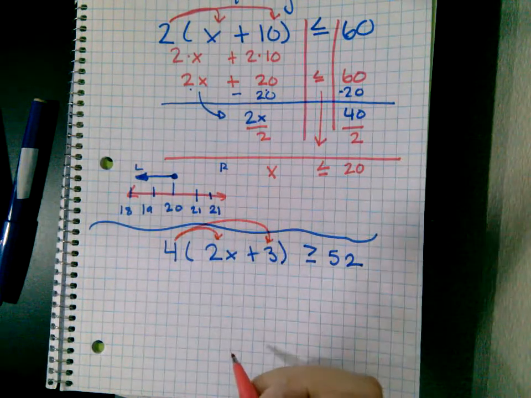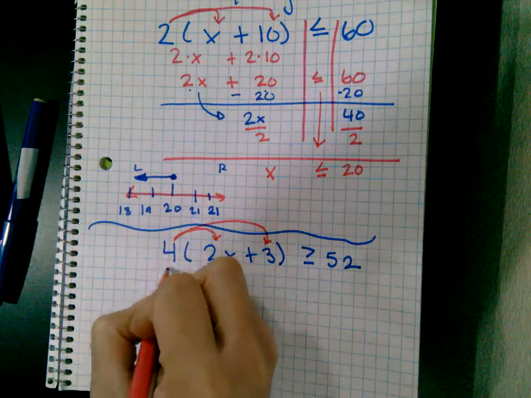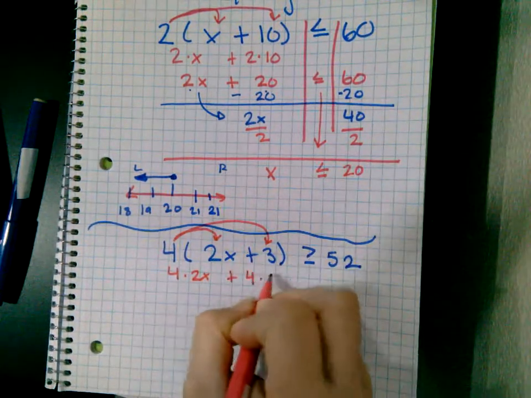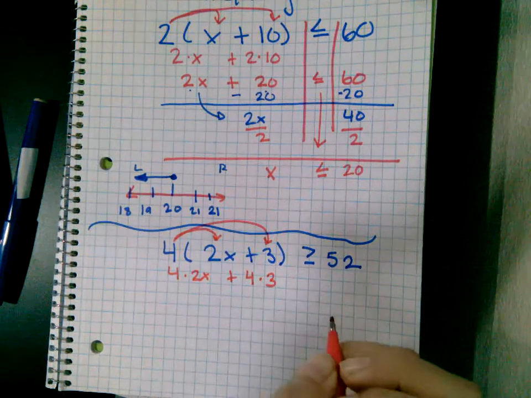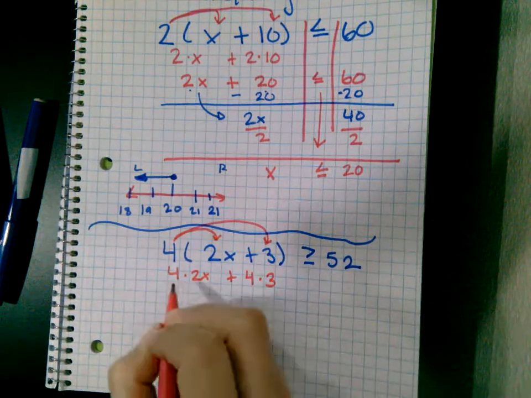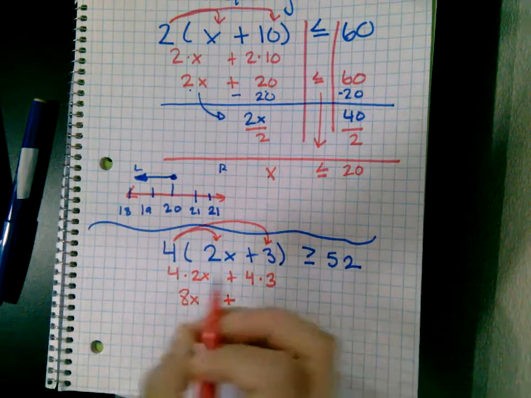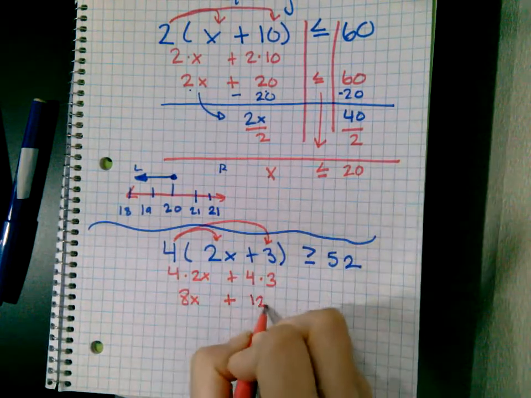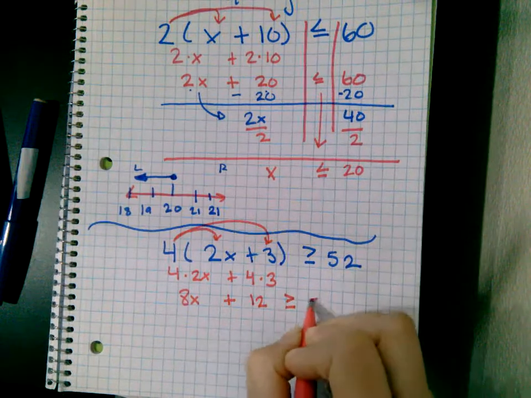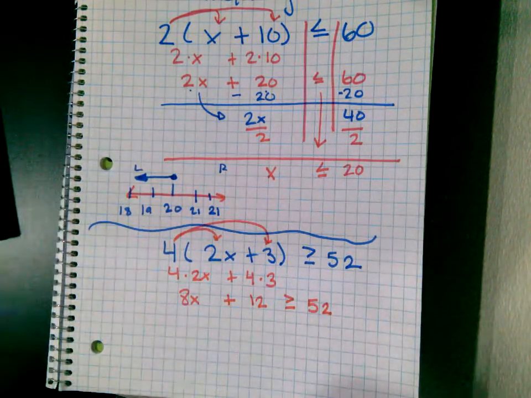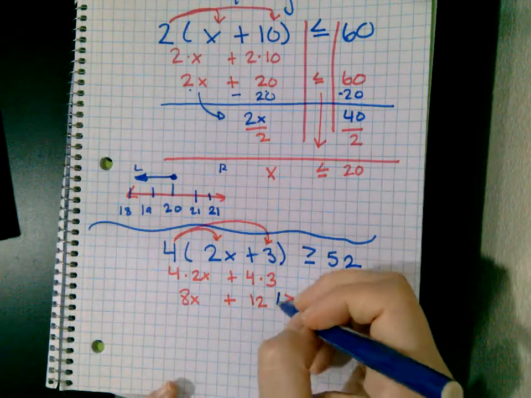Now, we go 4 times 2x plus 4 times 3. This is just our work. 4 times 2x is 8x plus 4 times 3 is 12, less than or equal to 52. Now it's a 2-step equation.